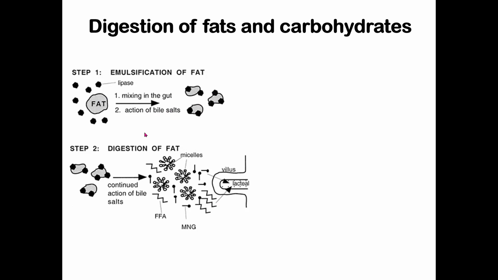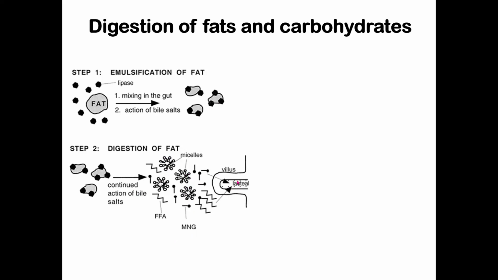And then they break down and break down until they end up with single molecules of fat, and they form these little round star-like things called micelles. And then the micelles are small enough to go into the lacteals. They get broken down even further.